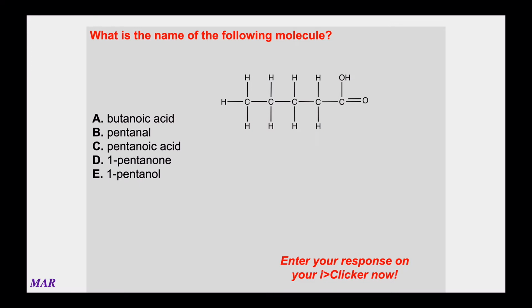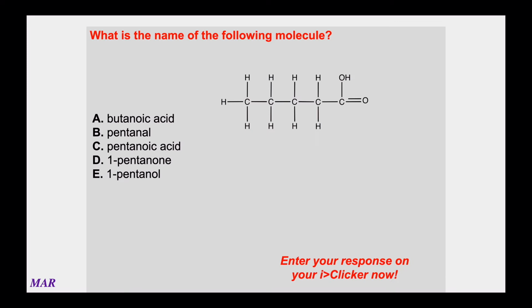This thing has a carbonyl, a C double bond O, so it might be tempting to think it's a ketone or something, but it's not. This carbonyl has an OH next to it. So it's not an alcohol, it doesn't have an OL ending. It's not a ketone, ONE. It's not an aldehyde, AL.